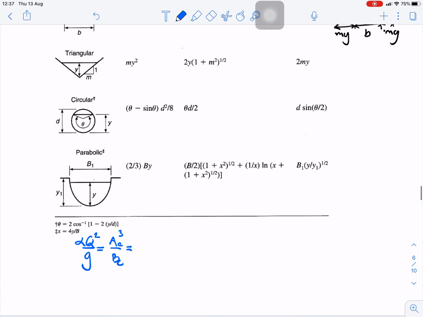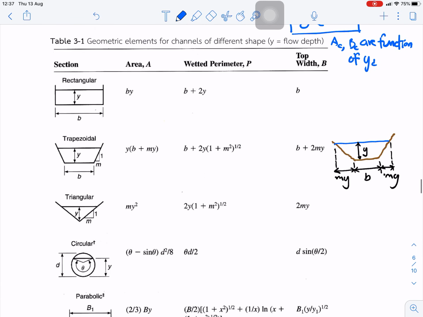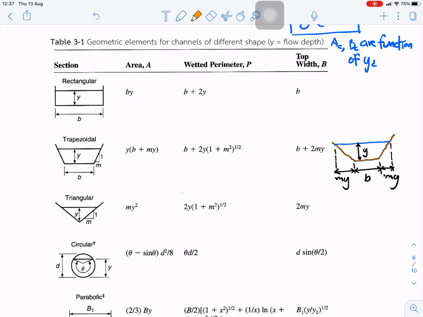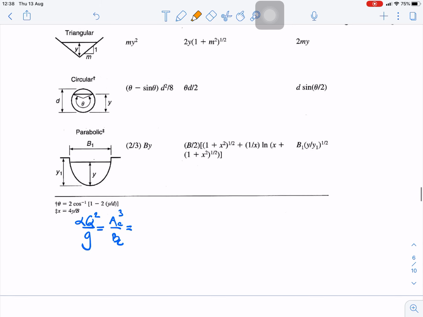From the above table we are given the area and the top width of the many sections, for example the trapezoidal, so we can bring the width and the area from this to put in the equation.